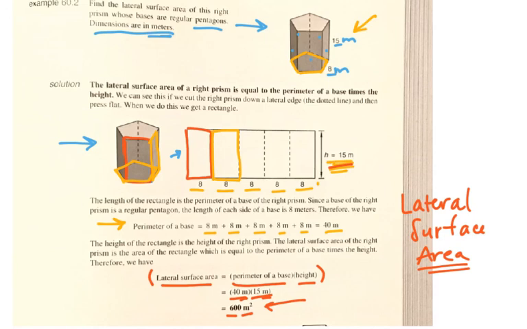If later they want to ask you the surface area of the whole thing, you would find the area of the top and the bottom, which are the bases, and then add that on to the lateral area. But that will be coming down the road. So right now they're just going to have you find the lateral surface area, meaning just the surface area of all the pieces on the sides.